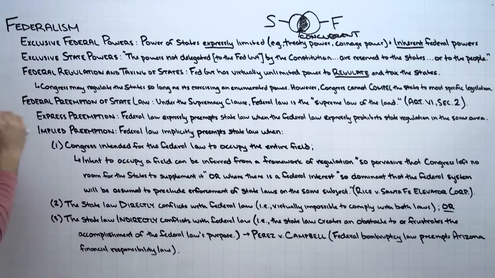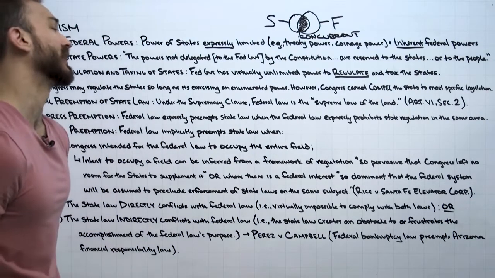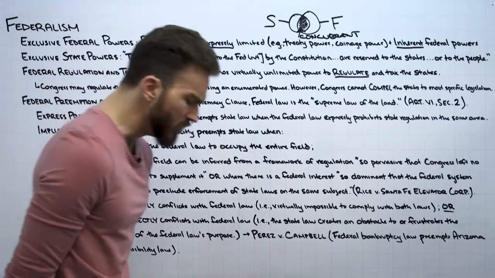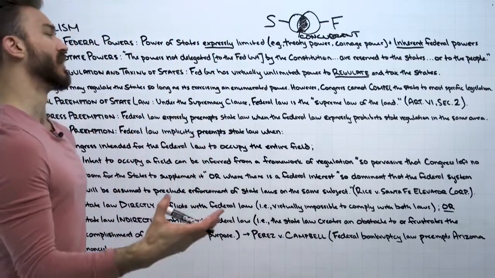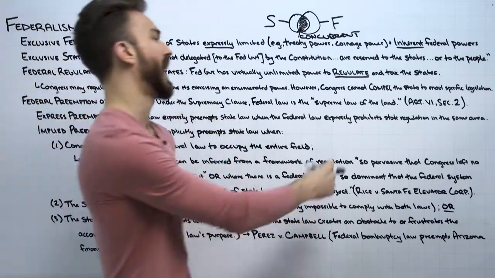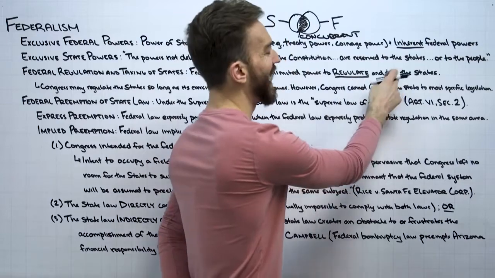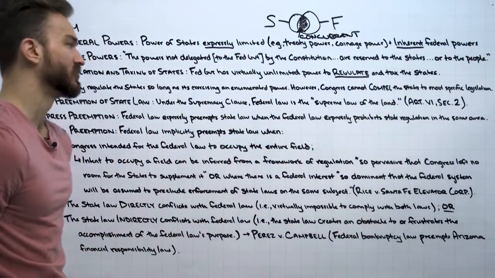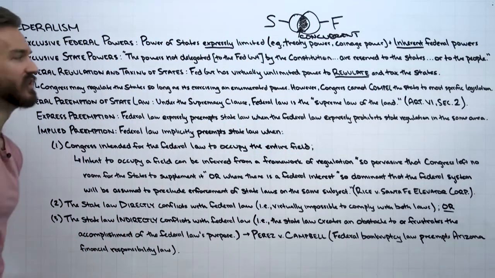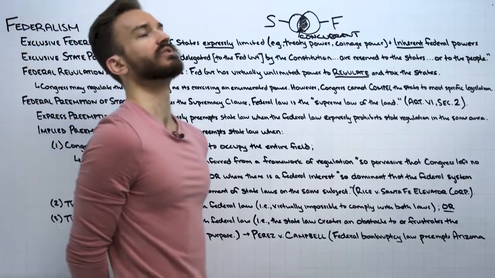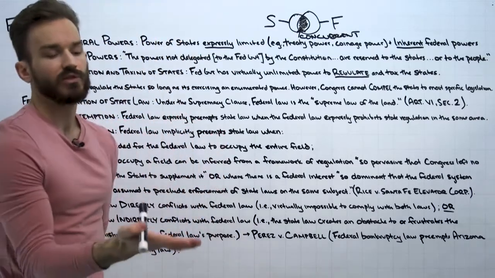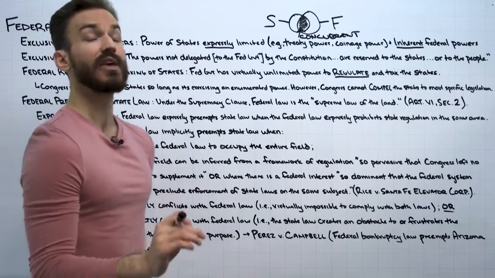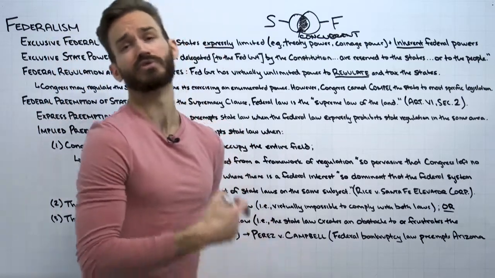And this just deals with federal regulation and taxing of states, right? Important to recognize here that the federal government has virtually unlimited power to regulate and tax the states. So remember, South Dakota v. Dole, federal government wants each state to maintain a legal drinking age of 21.